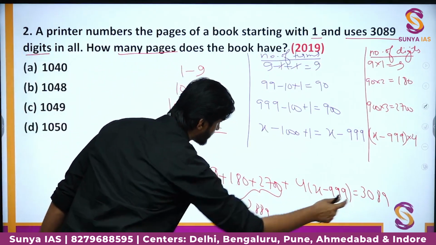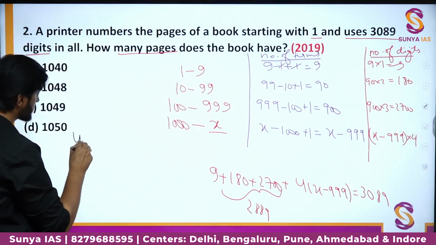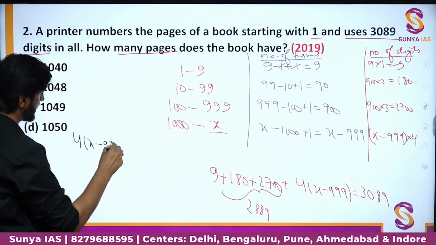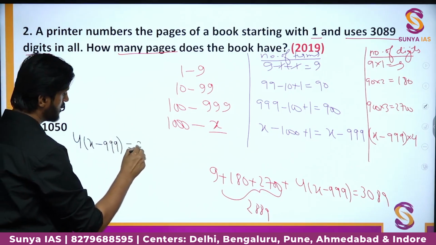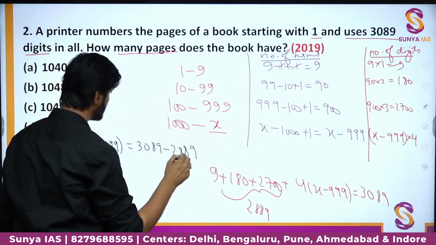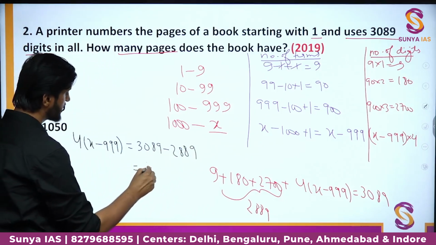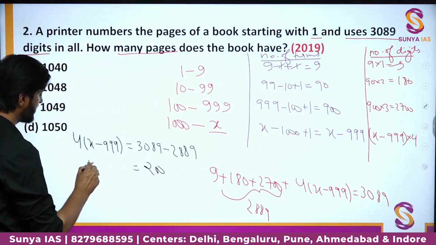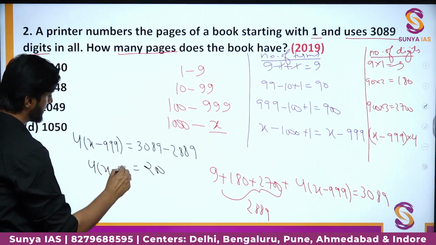Let us send that to the other side, and we get the equation 4 times (x minus 999) is equal to 3089 minus 2889, right. If we subtract these two values, we get 200 here, and here we have 4 times (x minus 999).